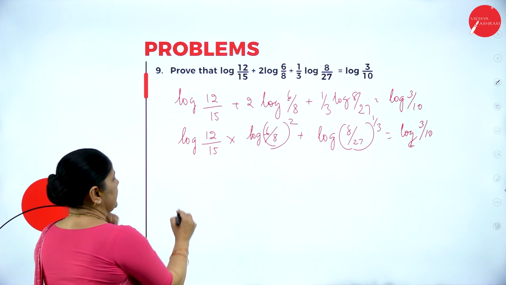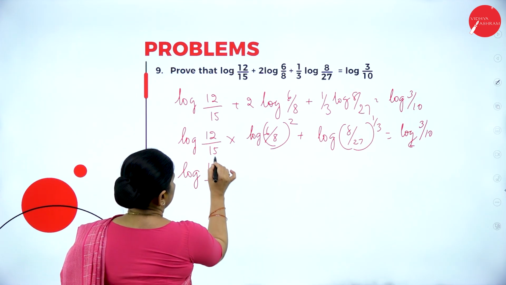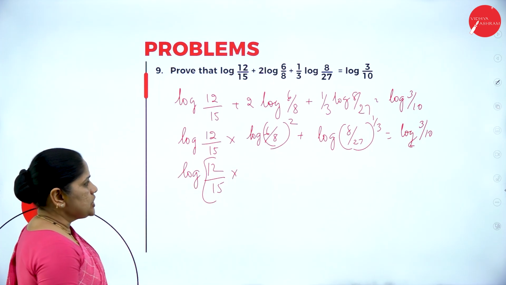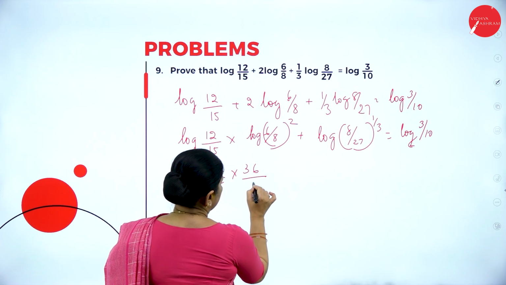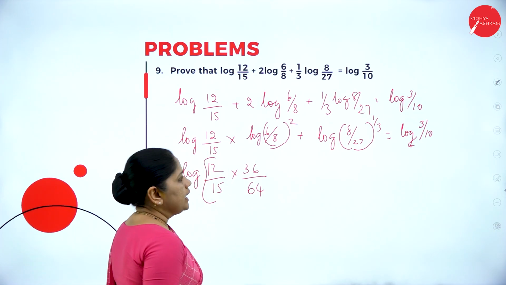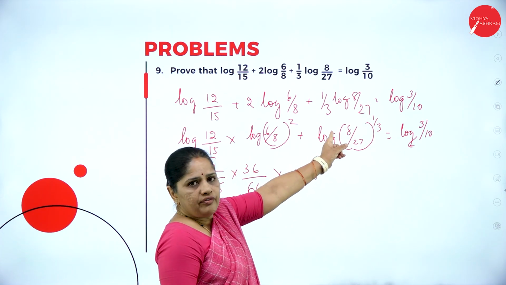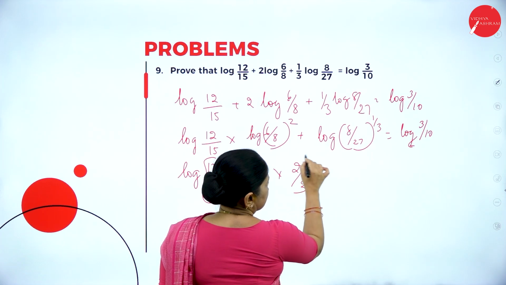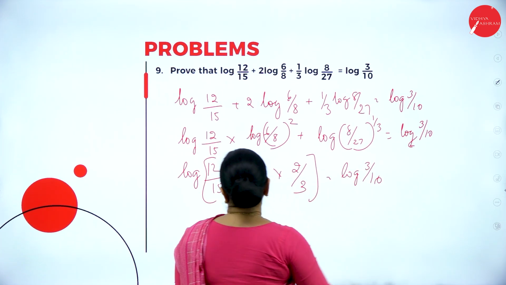Now, this will be equal to log 12 by 15 into 6 square, so 6 square will be 36 by 8 8s are 64, into cube root of 8 is 2, cube root of 27 is 3. So it will be log of 3 by 10.